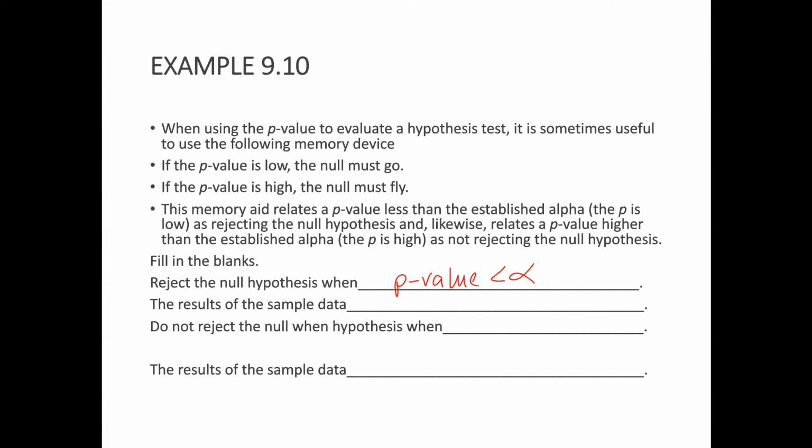If the p is low, the null must go. If we reject the null hypothesis, then our sample data is significant. We don't reject the null hypothesis when the p-value is greater than alpha. If the p is high, the null must fly. We can't reject. The results of our sample data are not significant. Have you ever heard people say statistical significance? That's what they're talking about.